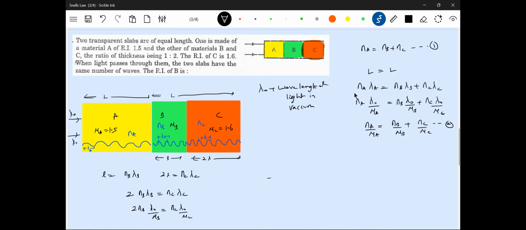This will become NB equal to NC mu B by 2 mu C.